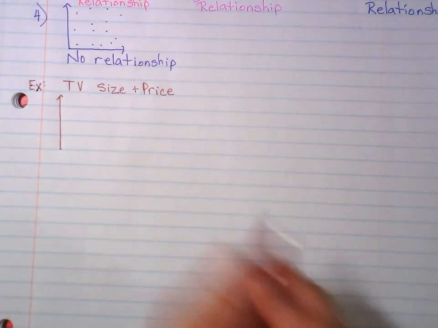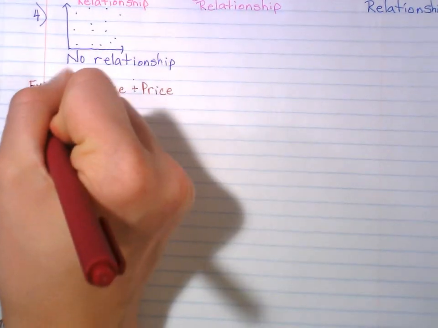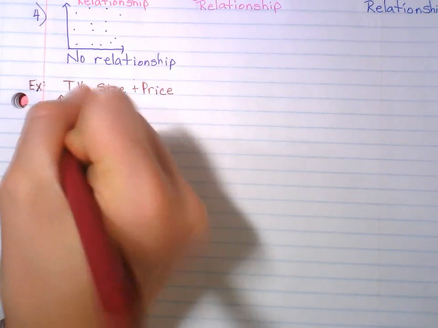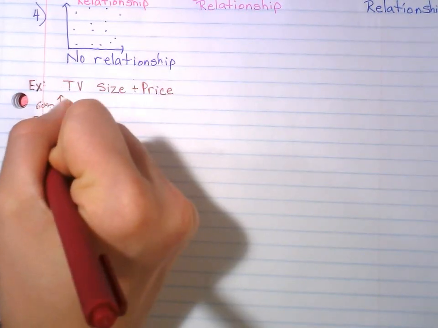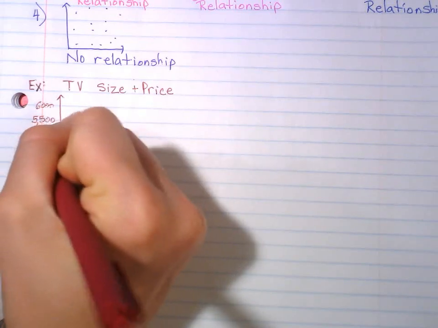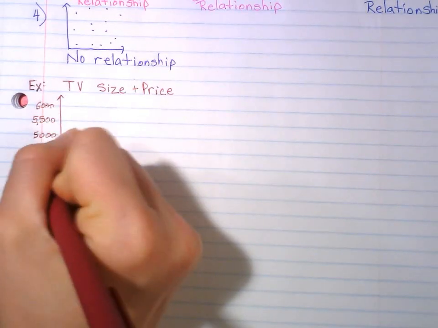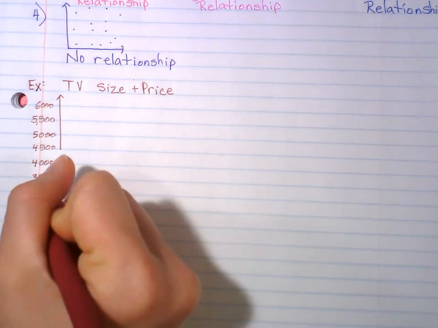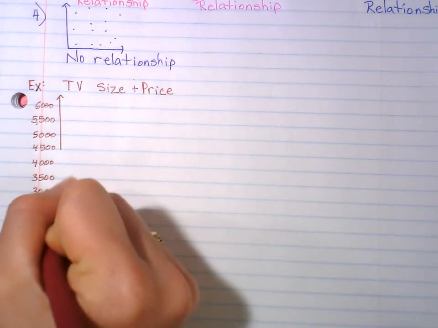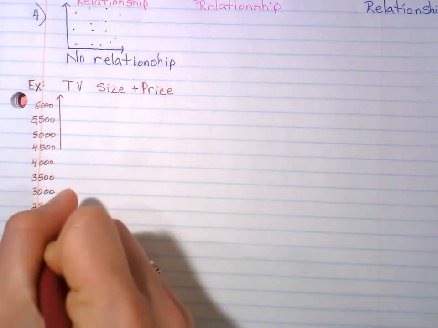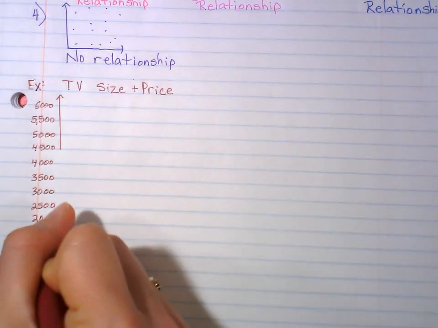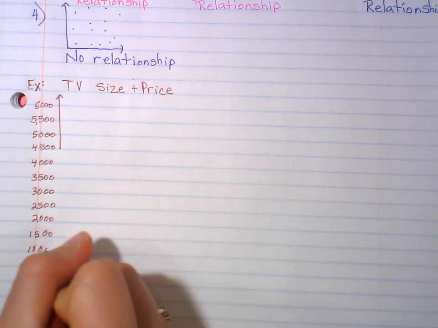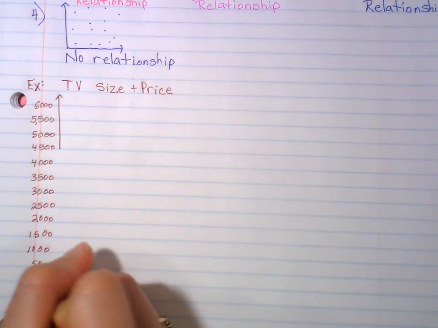So we're going to do TV price. Let's do $6,000, $5,500, $5,000, $4,500, $4,000, $3,500, $3,000, $2,500, $2,000, $1,500, $1,000, and 0.